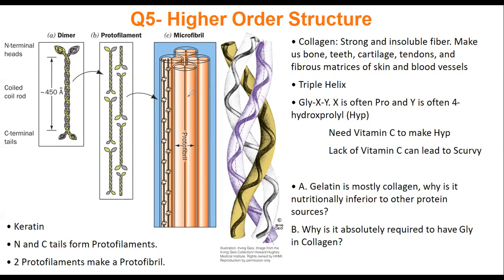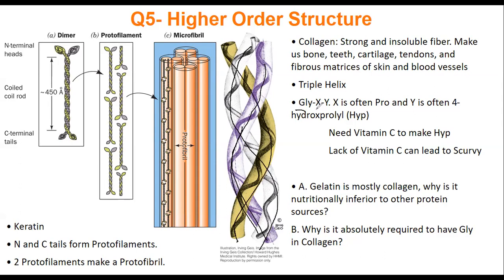Okay, so what collagen is made out of is a triple helix. So alpha keratin was a double helix where you have two proteins coiling around each other. Here you have three proteins coiling around each other in a triple helix. Now, the amino acids of these triple helixes are relatively simple.